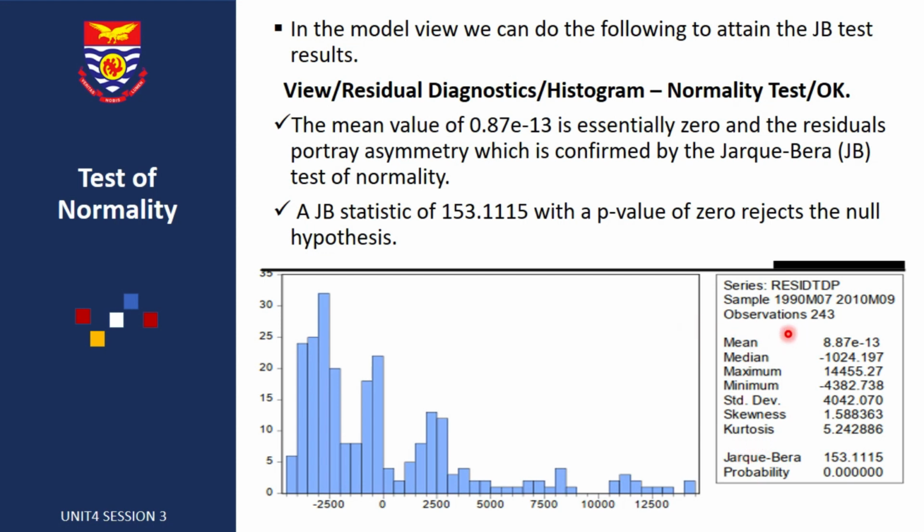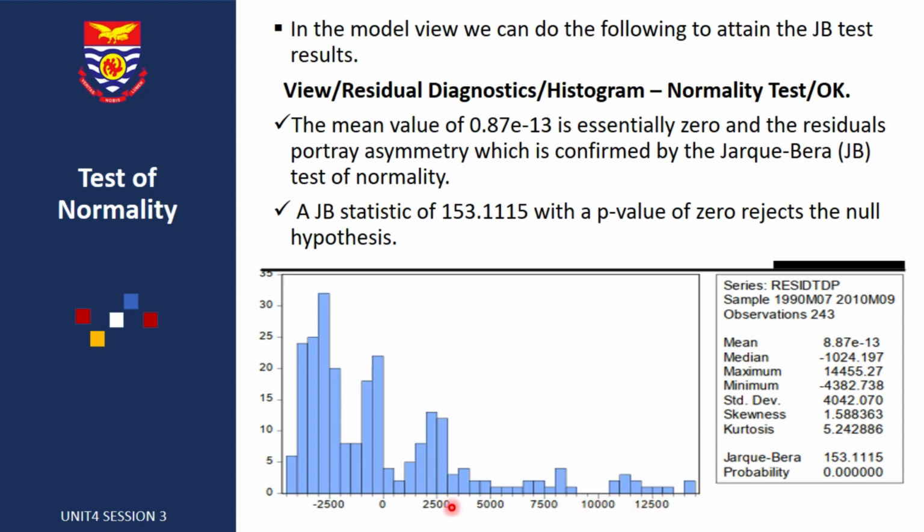In these statistics, we have a mean close to 0, a median of -102, and a maximum and minimum value, as we can clearly see. But here our focus is on the skewness and the kurtosis. You could clearly see that the data is skewed to the right.